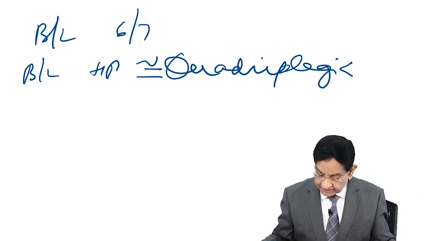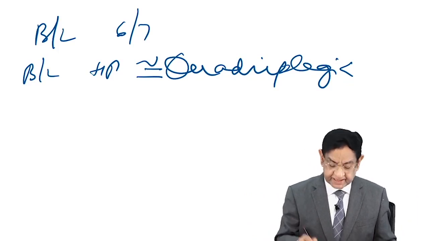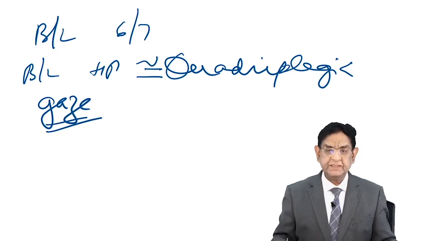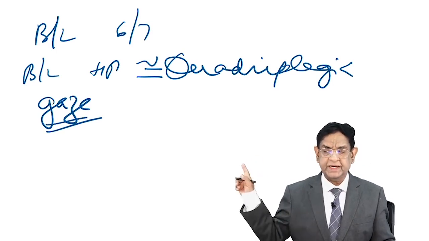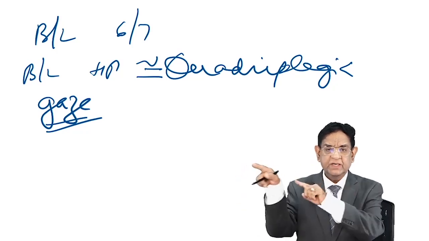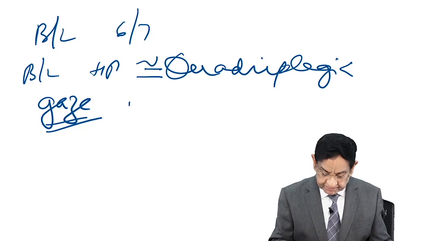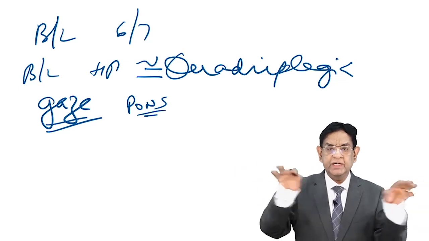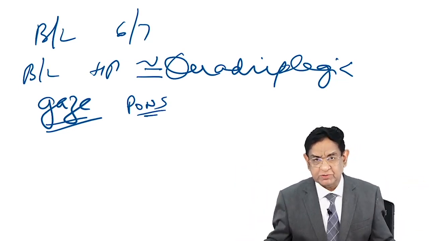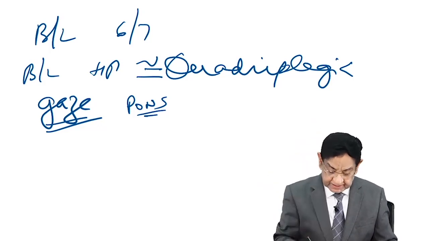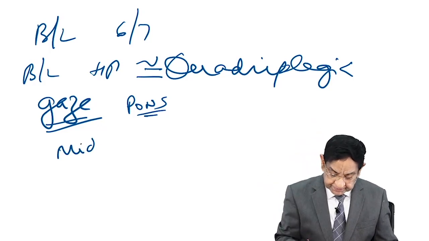In fact, we have a gaze center. Gaze means, look, I am looking right side, I am looking left side. This is the horizontal gaze. Even the horizontal gaze center is in the pons. So this patient cannot even look to the lateral side. But the vertical gaze center, moving up and down, is in the midbrain.